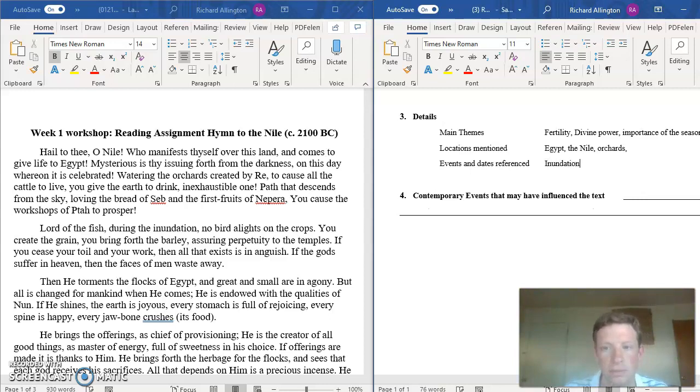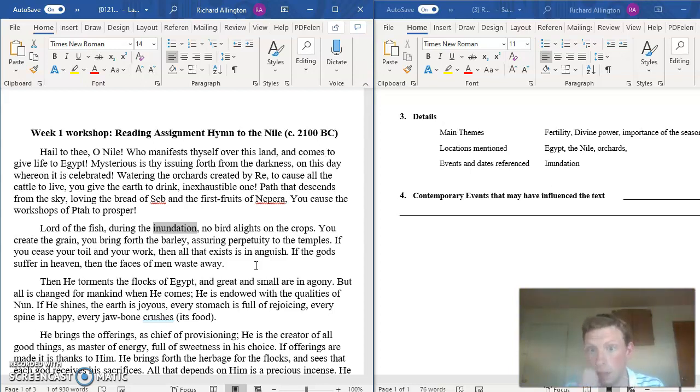The inundation that you see here. What does the inundation refer to? It refers to the yearly flooding of the Nile that was crucial to the agriculture of Egypt. So once again, by doing this exercise, you're building up a sense of the importance of agriculture, the way in which agriculture and religion are intertwined in ancient Egypt.